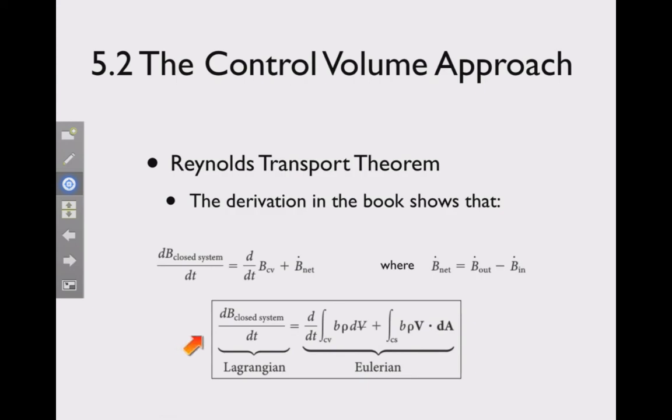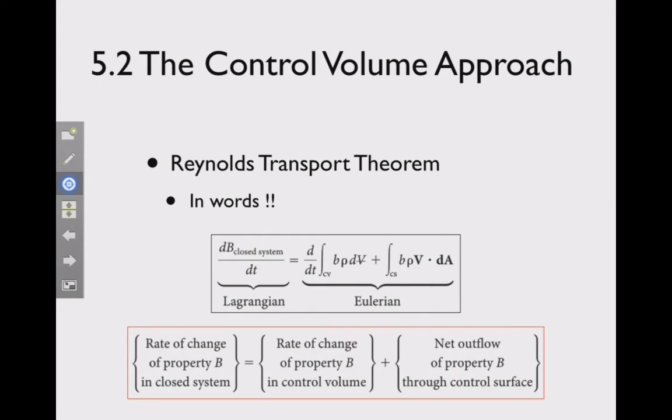So this is the Reynolds transport theorem. In words, what is this? It says this term here is the rate of change of property B in a closed system. A lot of times we're interested in calculating what this is. But a lot of times it's hard to do that, so we use the control volume approach.